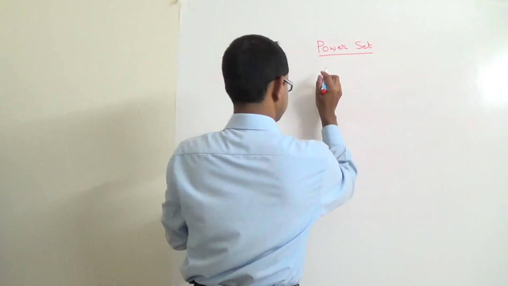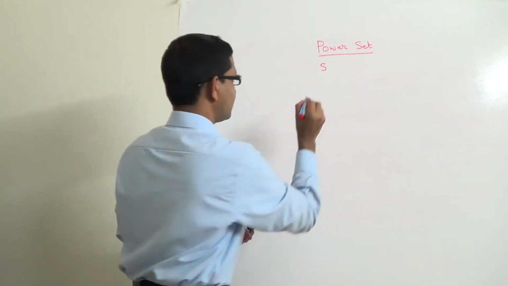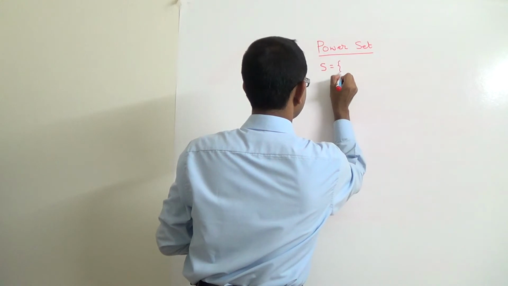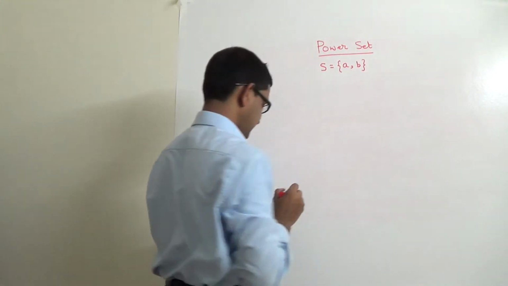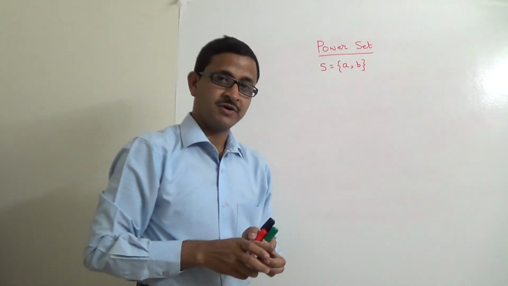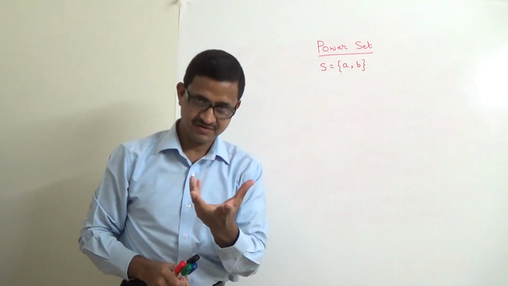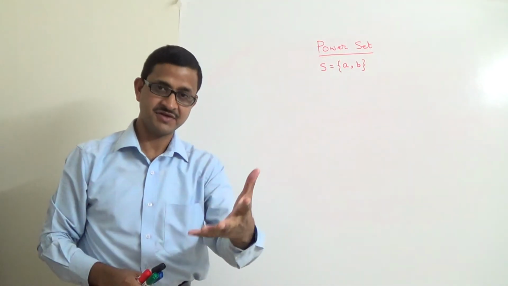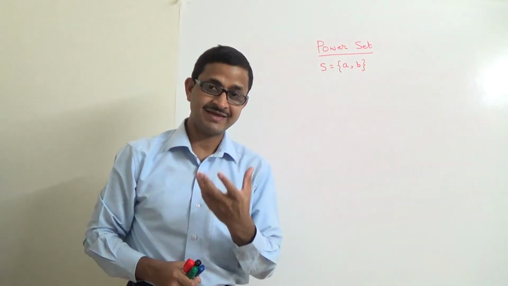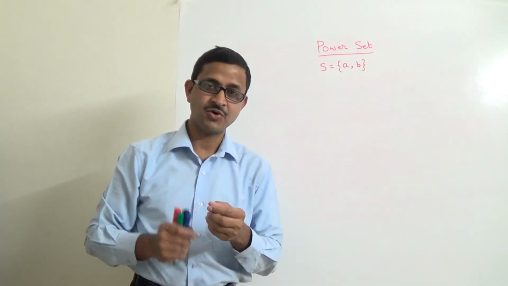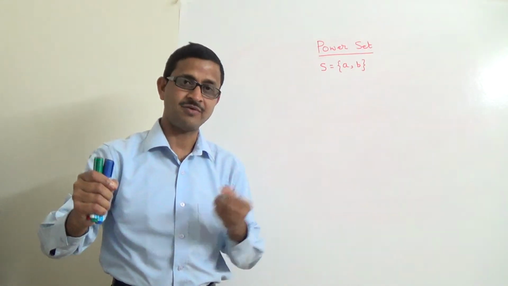Suppose I have a set S and it contains two elements, A and B. Now, the power set of the set S is nothing but a set. Obviously, it is a power set, it is a set. The power set of the set S is a set that contains all the possible subsets of the set S.